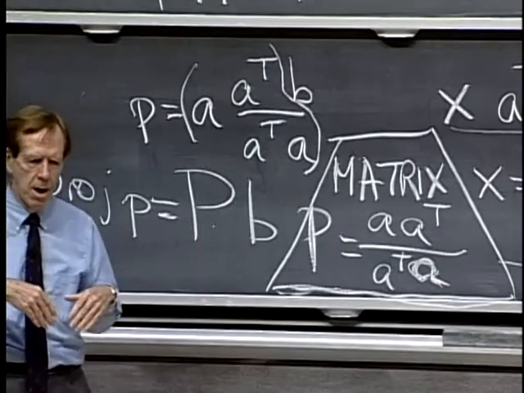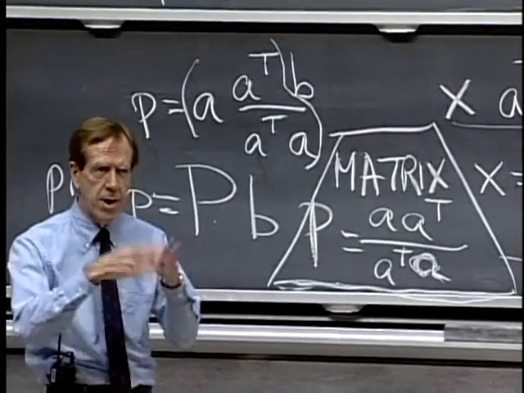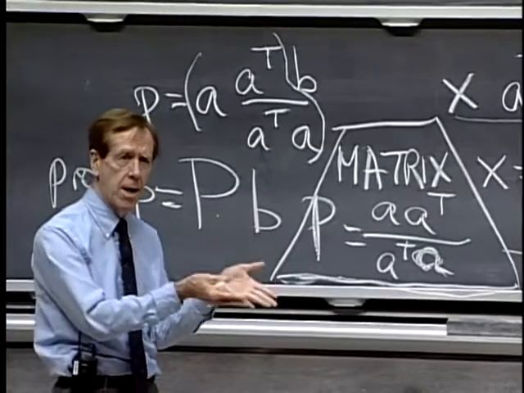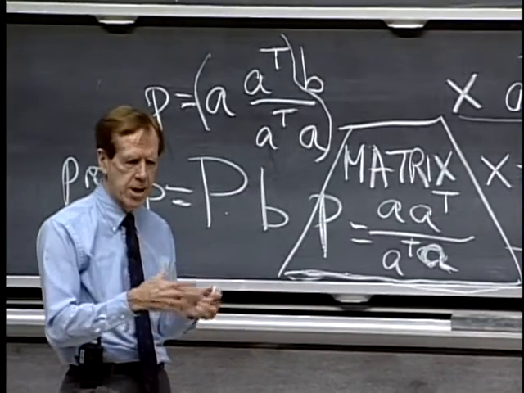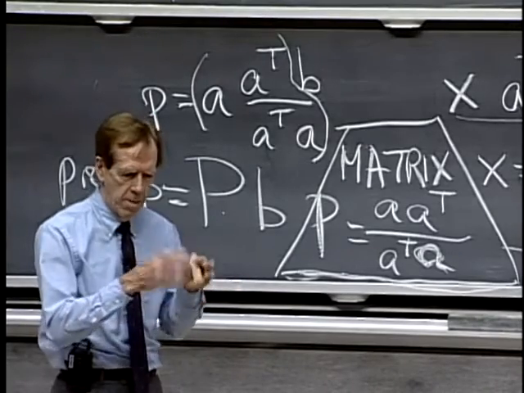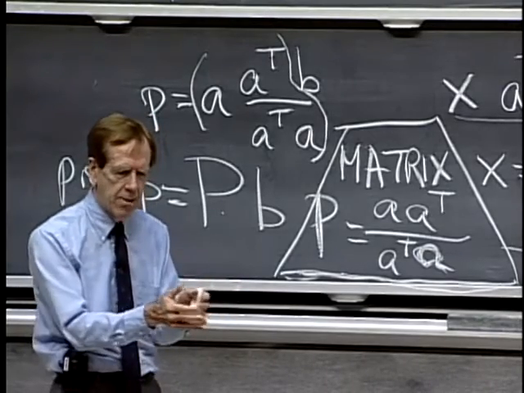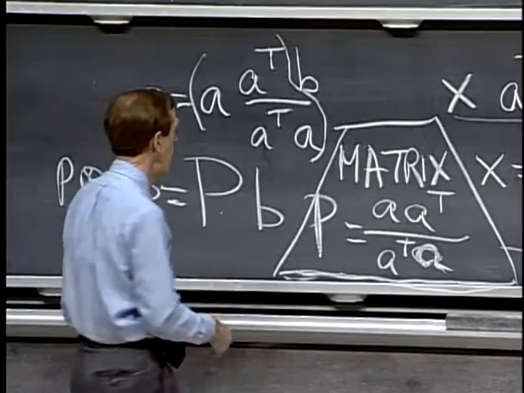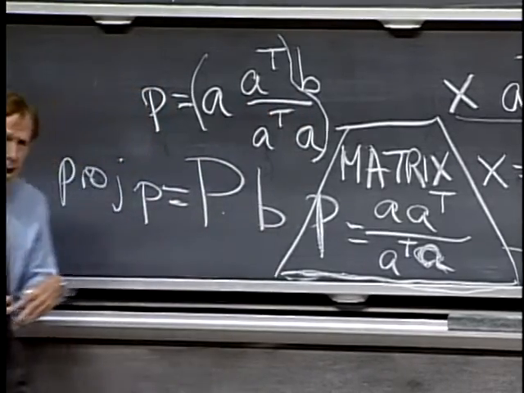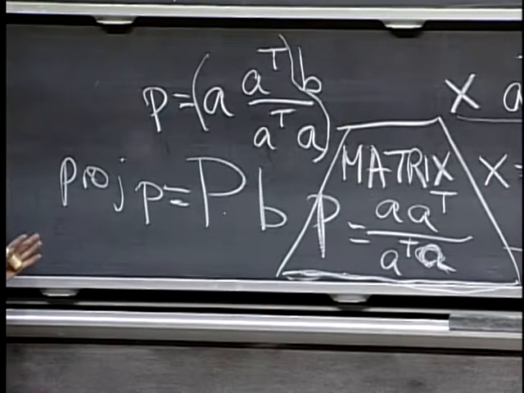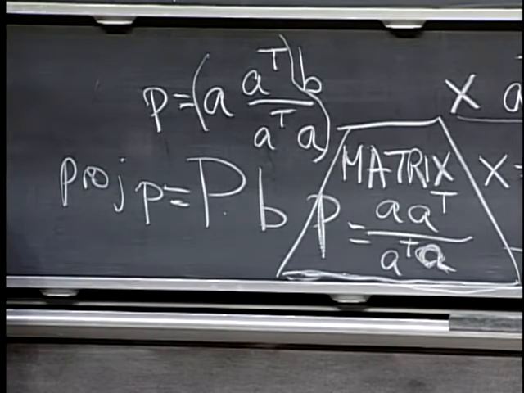It's if you multiply that matrix by anything, you always get in the column space, right? The column space of a matrix is when you multiply any vector B by that matrix, you always land in the column space. That's how column spaces work.